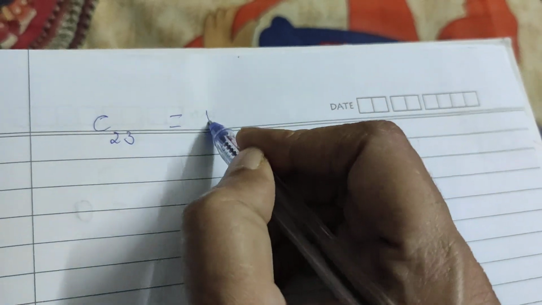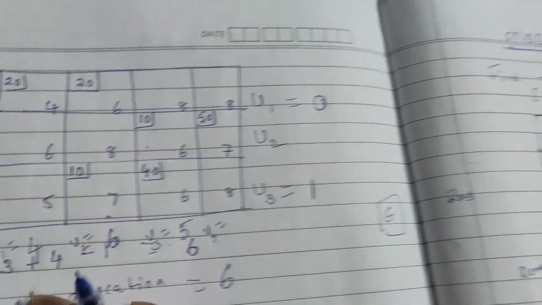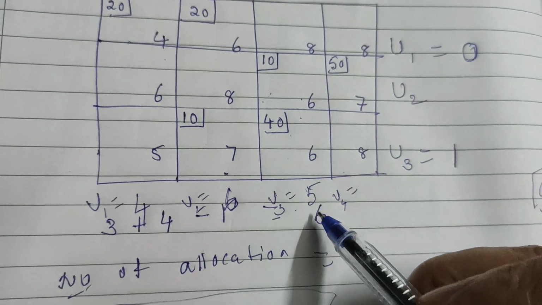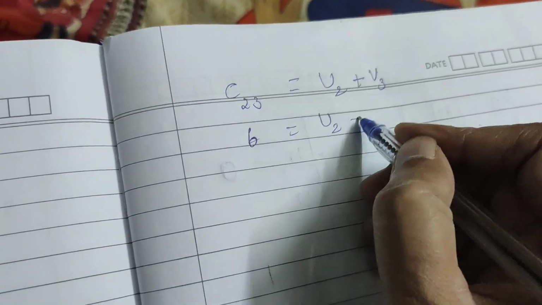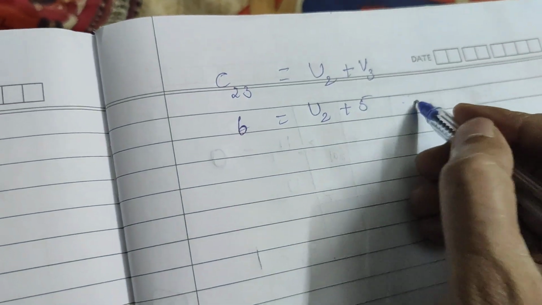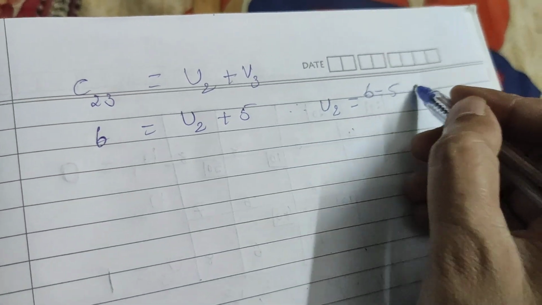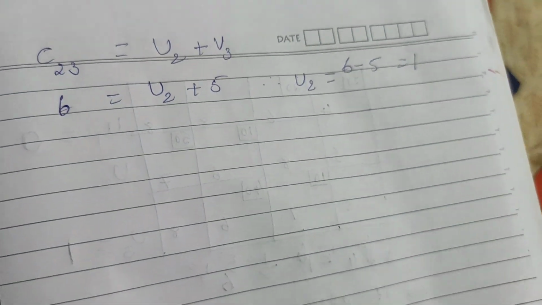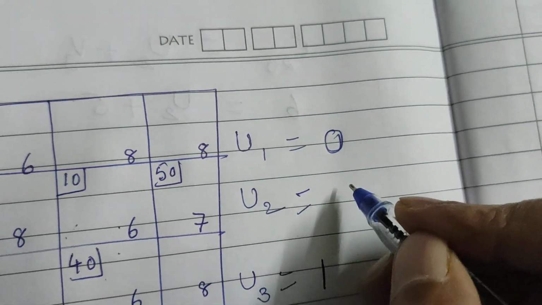C23 means U2 plus V3. What is the cost of C23? The cost of C23 is equal to 6 and the V3 value is equal to 5. So substitute 6 here and V3 value equal to 5 here. Therefore U2 is equal to 6 minus 5, which is 1. Substitute the U2 value: U2 is equal to 1.